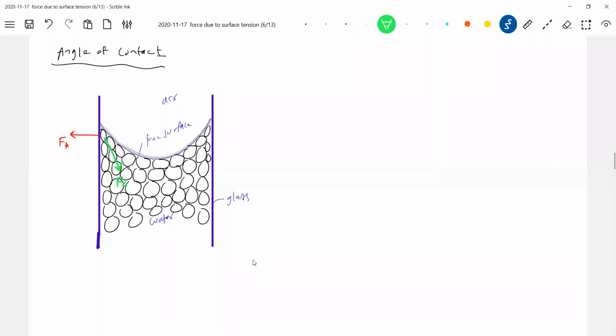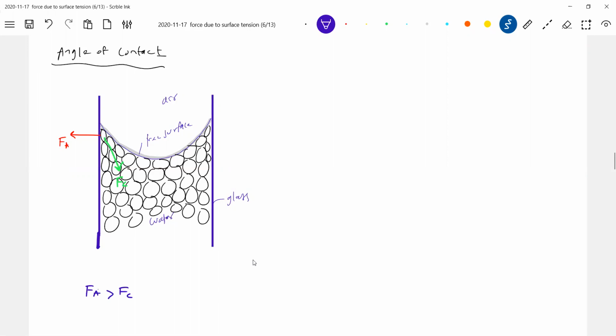And what will happen is the adhesive force will dominate over the cohesive force. Shall I take symbols? Okay, FA, this one. So the adhesive force dominates over the cohesive force.